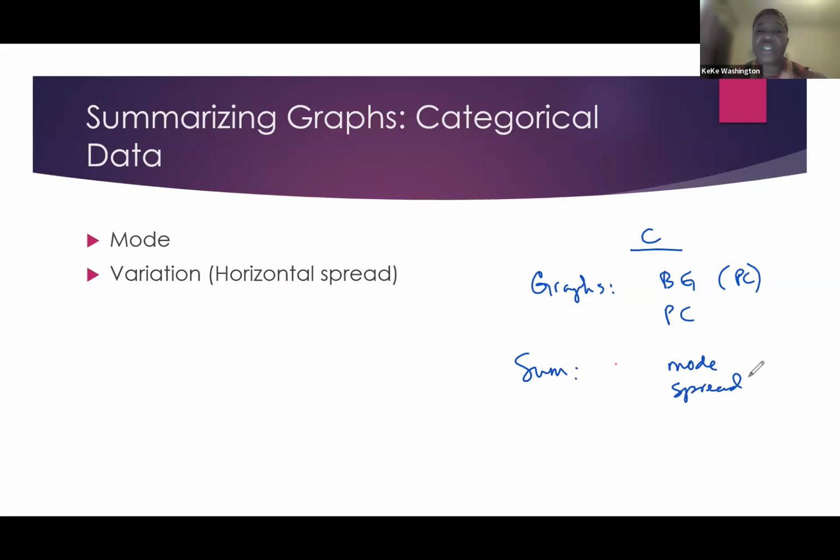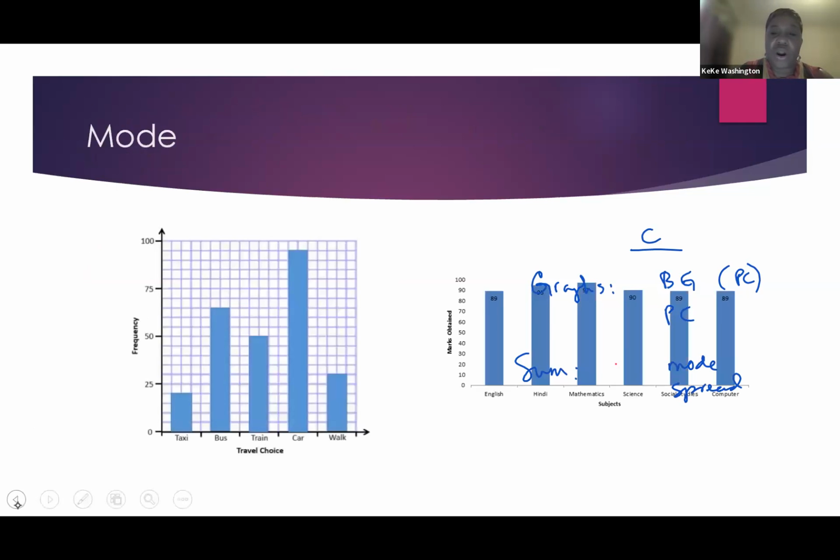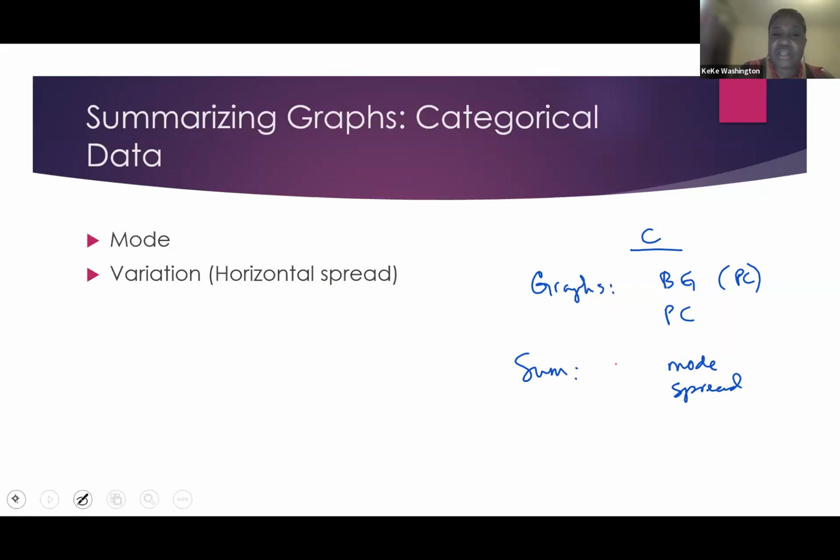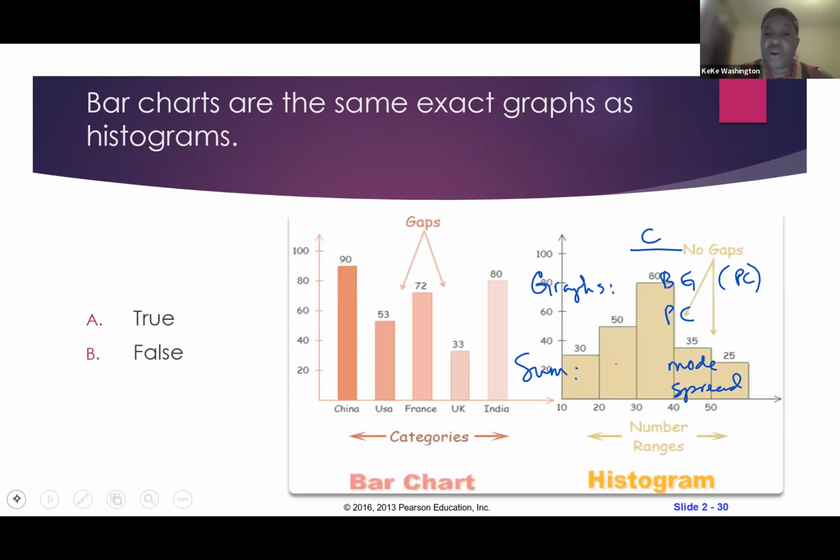You cannot use SOCS with categorical variables, because you have to think about it. Because it's a bar graph, I can change, let's go back to that previous slide, I can change the order of my categories. And if I change the order of my categories, then how do we determine what the shape is?